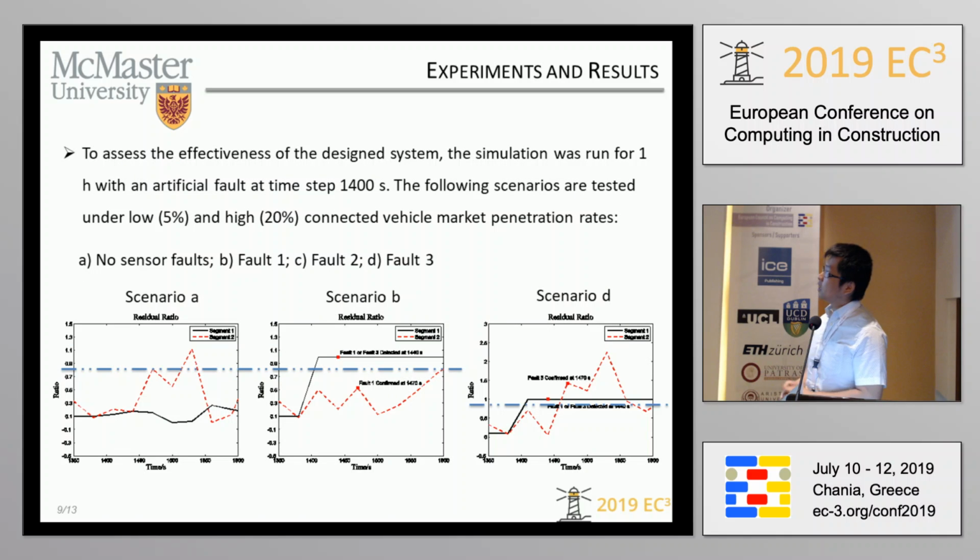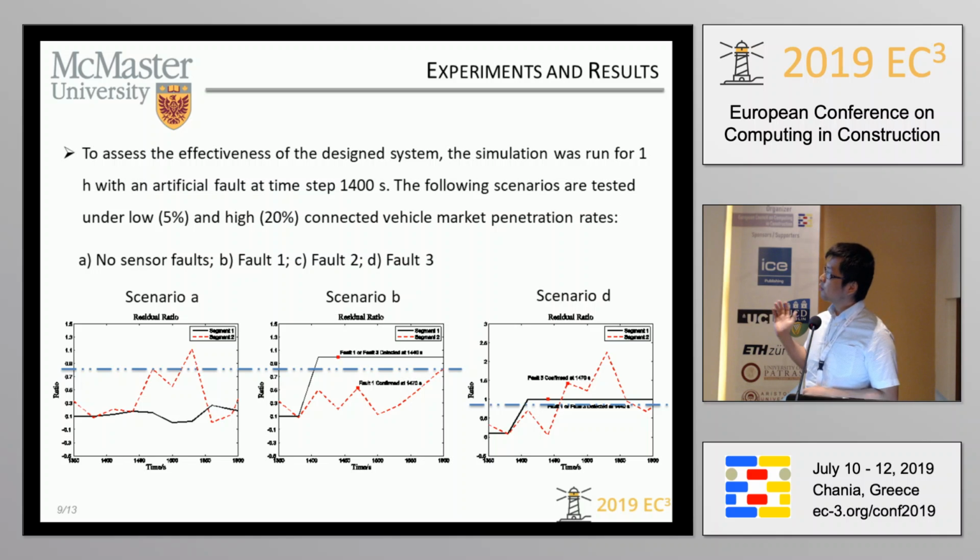To assess the effectiveness of the designed system, the simulation was run for 1 hour with an artificial fault at time step 1400 seconds. The following scenarios: no sensor fault, fault 1, fault 2, fault 3 are tested under low and high connected vehicle market penetration rates. All the results are presented for the low market penetration rate because the higher penetration rate has better results.